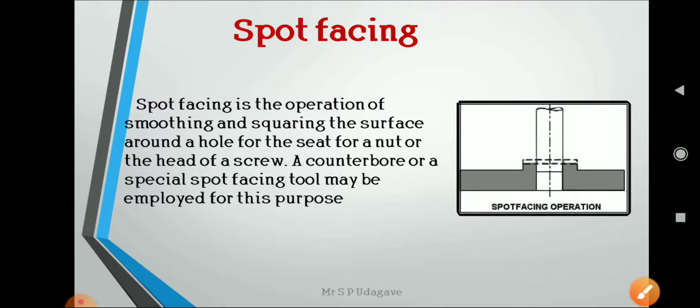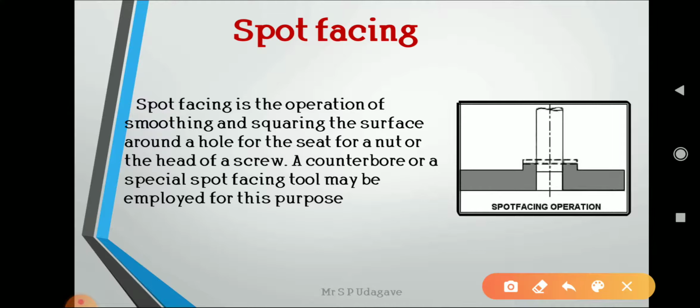Next, spot facing. Spot facing is the operation of smoothing and squaring the surface around the hole for the seat of the nut or the head of the screw. The counterbore, or a special spot facing tool, may be employed for this purpose.